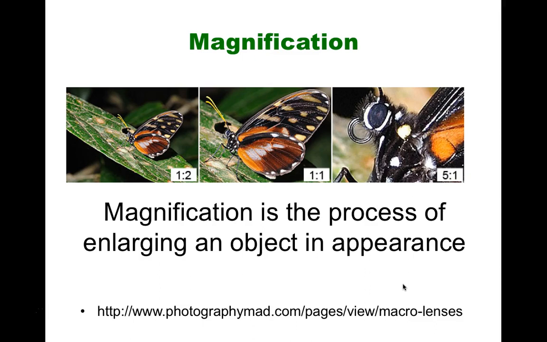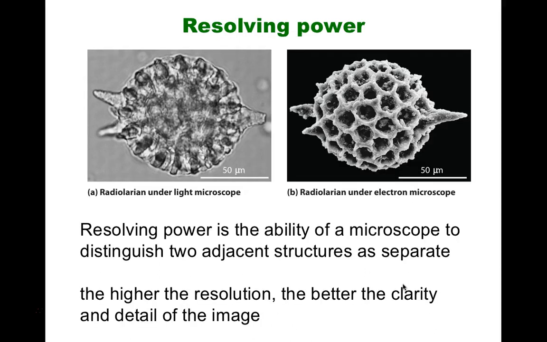We also have to make sure the resolving power is keeping up with that magnifying power. The resolving power is the ability to see two adjacent structures as separate. And the higher the magnification and the better the resolution, the more clear the image appears to be.